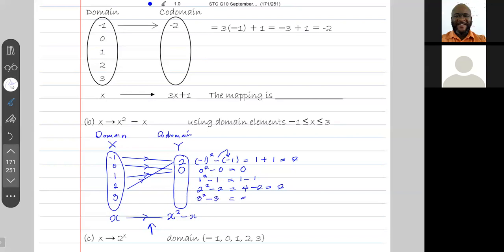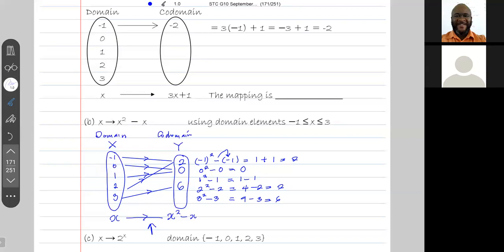This is 9 minus 3. This is 6. So 3 is mapped to 6. So this is my relation diagram or my arrow diagram.